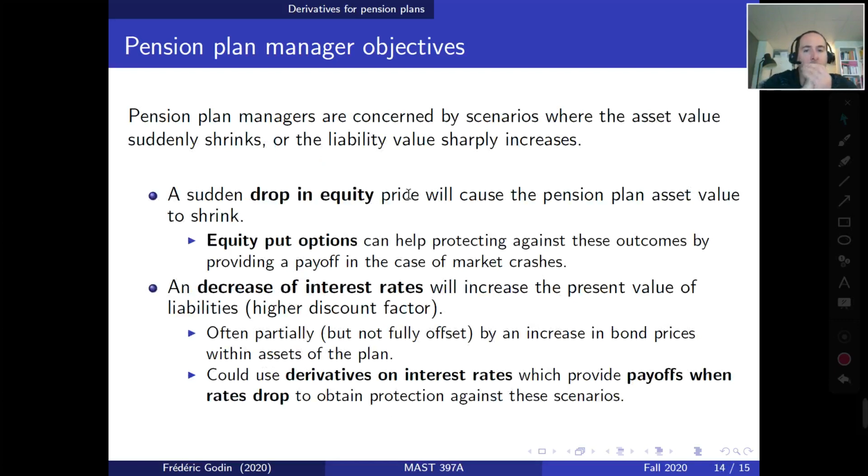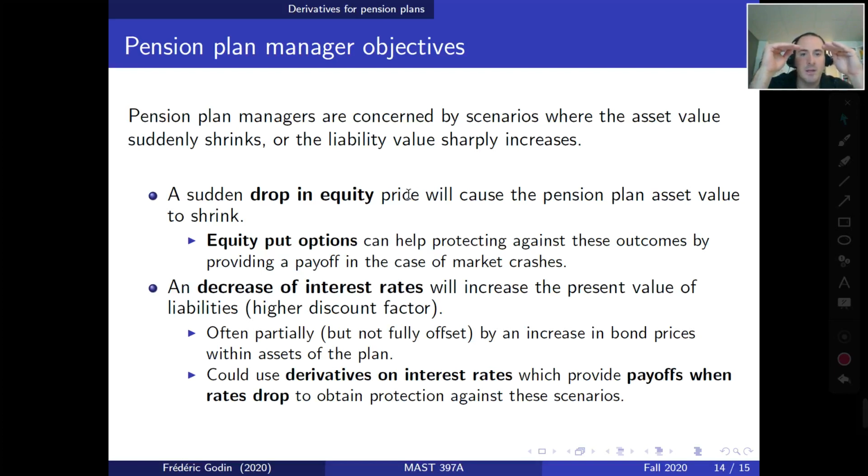So, pension plan managers are deeply concerned by scenarios where the asset value plunges or suddenly shrinks. So let's say if you have equal assets and liabilities, then you're fine. Your plan is solvent. But the scenarios which are concerning are the following.